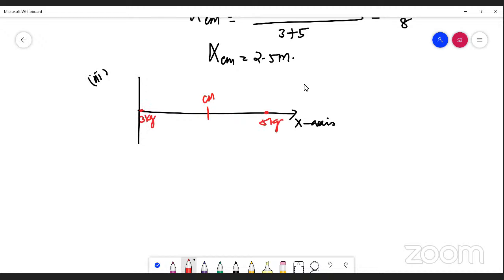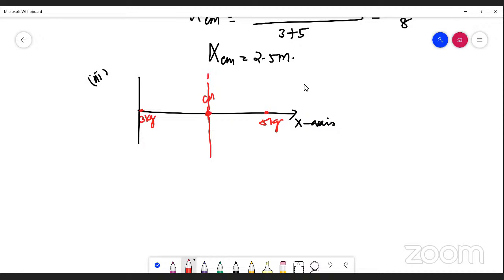If the origin is shifted to this center of mass, so that it coincides with the center of mass, then what will be the case here? We can simply show that the principle of moment holds good.